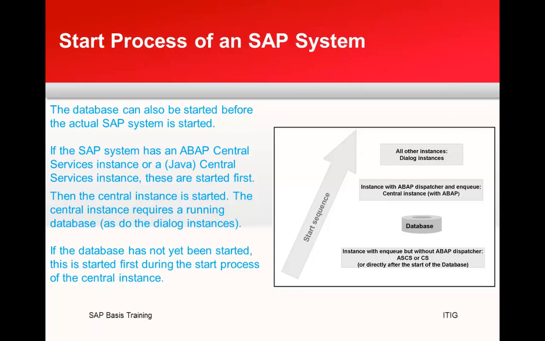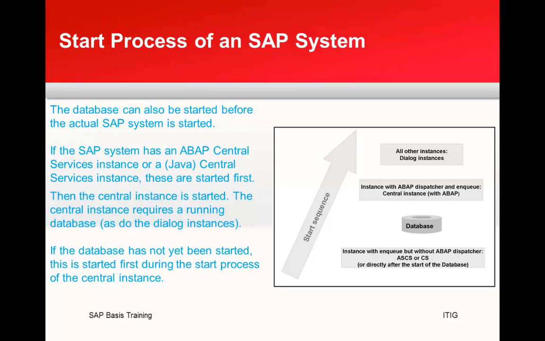A system with an ABAP stack can contain an ABAP central services instance that provides the ABAP enqueue service and ABAP message server. In this case, the central instance doesn't have an enqueue work process or a message server. An SAP system with the ABAP and Java stack can therefore have two central instances, one for Java and one for ABAP.